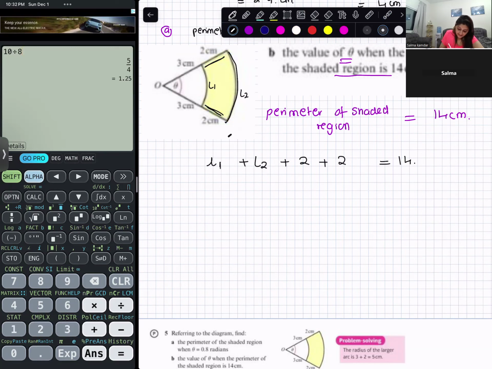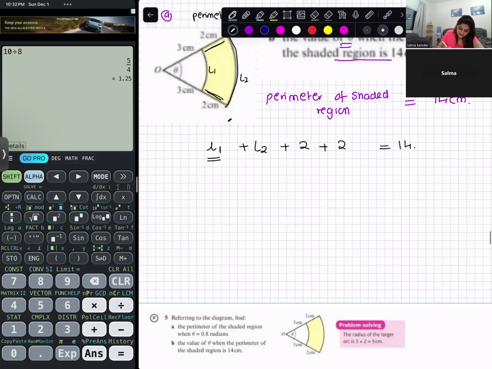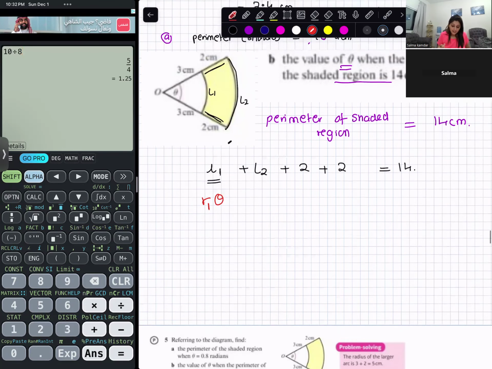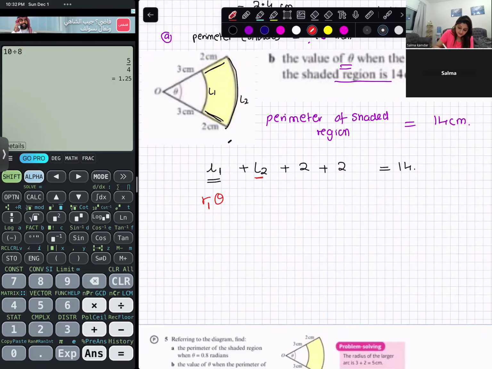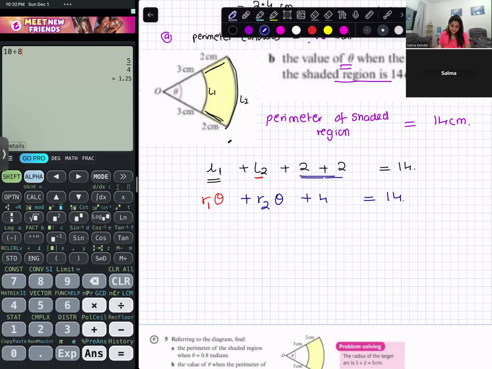I would write length of the arc 1 is r theta, and I would label this as r1. Length of the arc 2, that means I'm referring to the bigger arc, is r theta, and I would label the second arc as r2 and theta. I will add this 2 plus 2, which makes it 4, and it becomes 14.